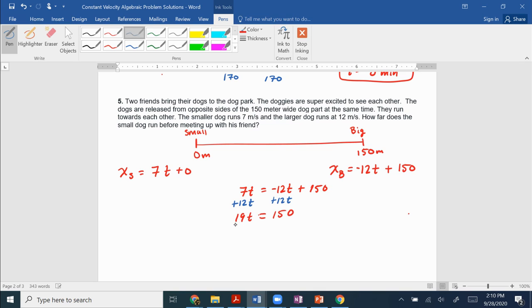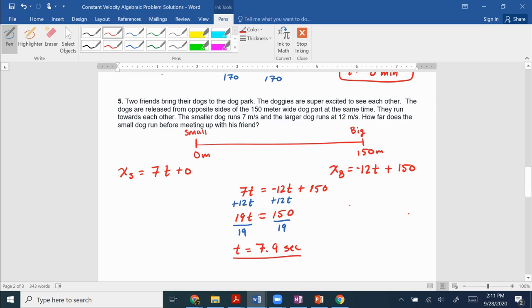And divide by 19. t equals 7.9 seconds. Keep in mind that we're not quite done because it does ask how far.